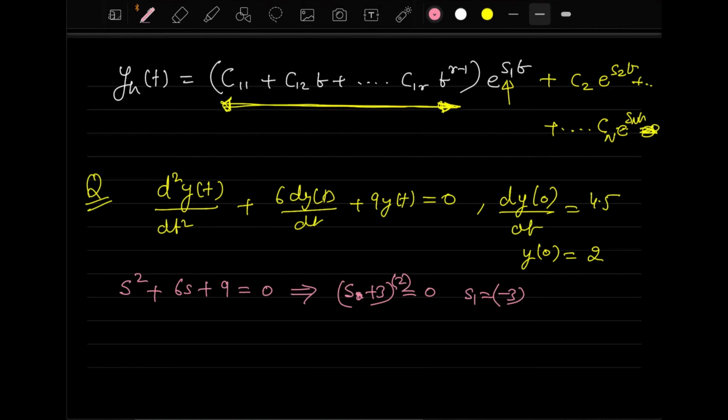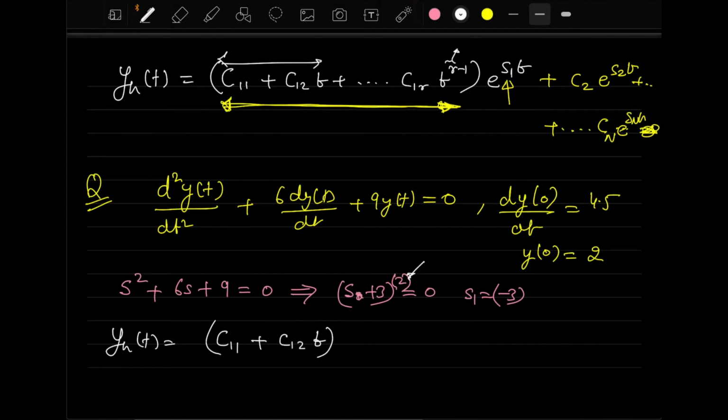So what you do is you will write the expression for yh(t) as (C11 plus C12 t). You will have only two terms because the repetitive root is R equal to 2 here. So only two terms will be retained, or you can put the value of R as 2 here.